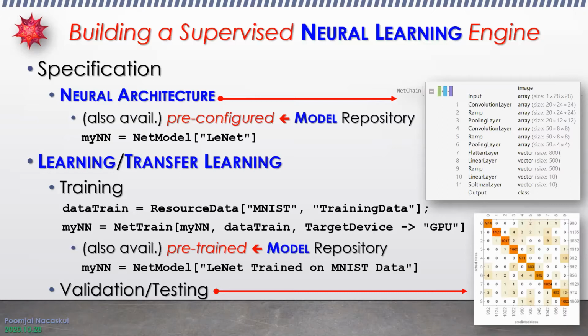This problem has been done to death. What do I mean by done to death? It means somebody has already specified the neural network.